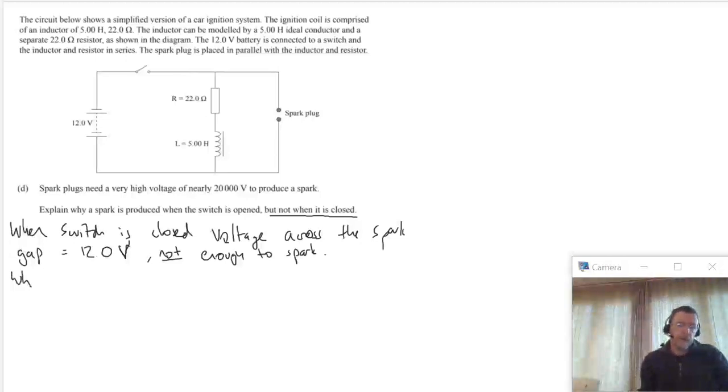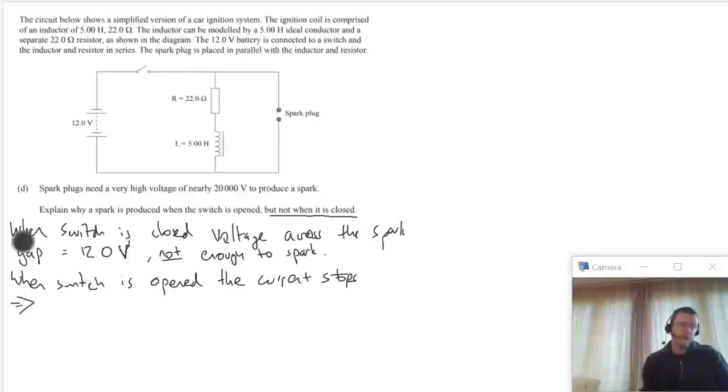Okay. Second, when the switch is opened, now this is important. So when the switch is opened, the current stops.